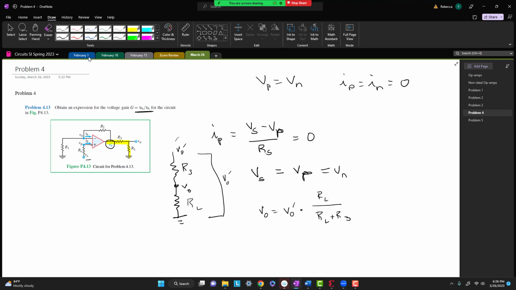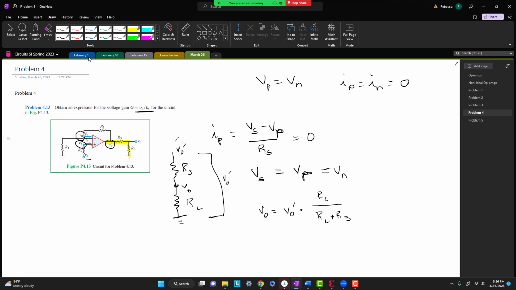Yeah, except it looks like I got my VS's and VN's backwards, but it doesn't matter because they're all the same. So I did nodal analysis using this node VN and this node VP. But remember, VN and VP are both VS.